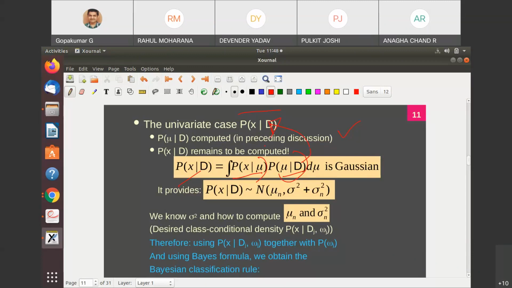Then what we can say is that this probability of x given t is going to also be a normal distribution.